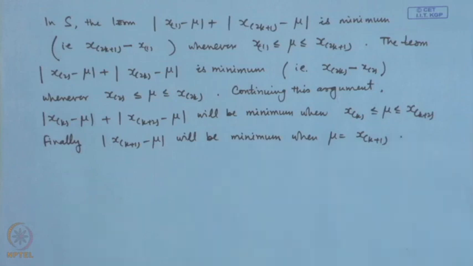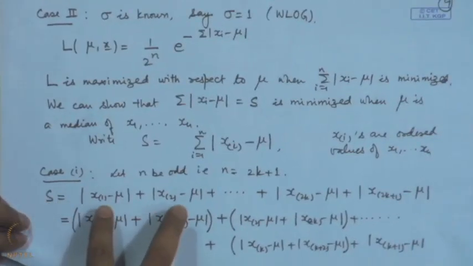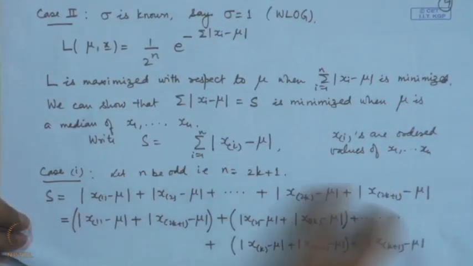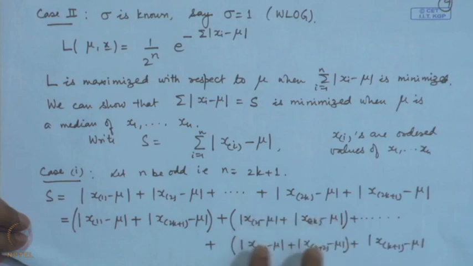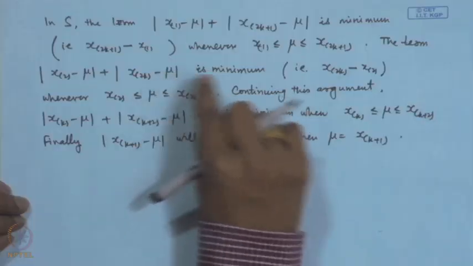We have considered the term by term minimization of this S. So, we have taken this and this together, then these two together and so on. We have derived the condition for the minimization of each of these. Now, therefore, the overall minimum will be attained if all the conditions are simultaneously satisfied. Now, if you see all the conditions to be simultaneously satisfied, what will be the condition?